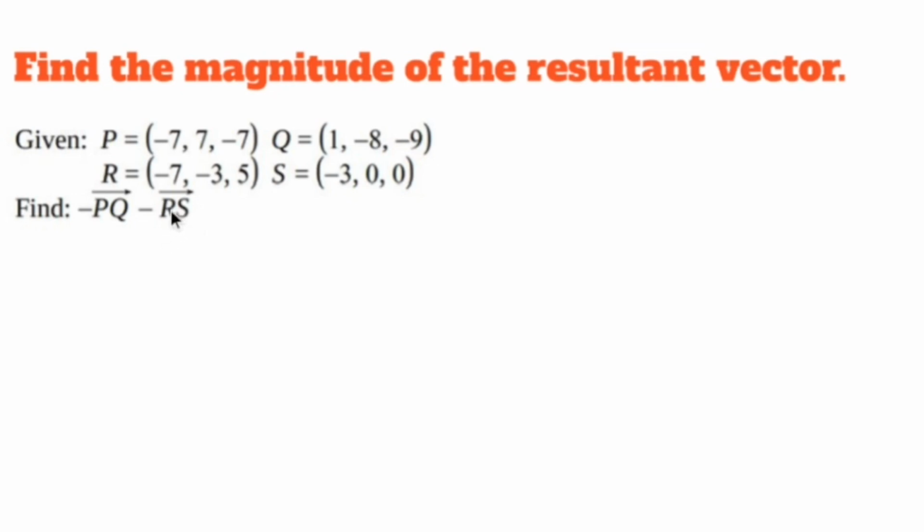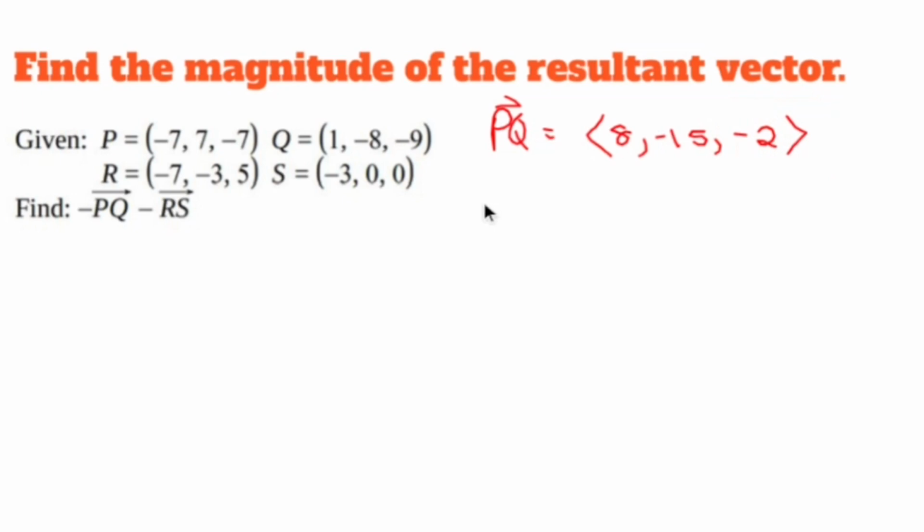What we need to do first is take PQ and put that in component form. Okay? PQ in component form is going to be 1 minus negative 7, which is 8, negative 8 minus 7, which is negative 15, and negative 9 minus negative 7, which is negative 2.